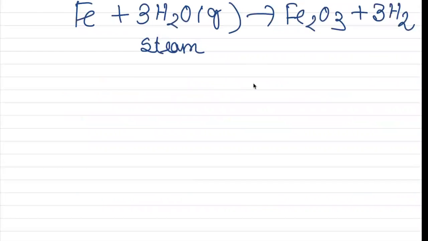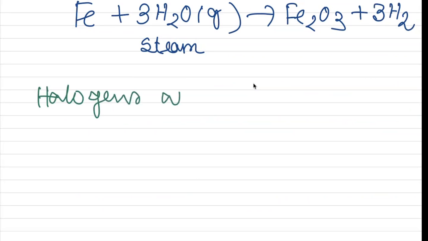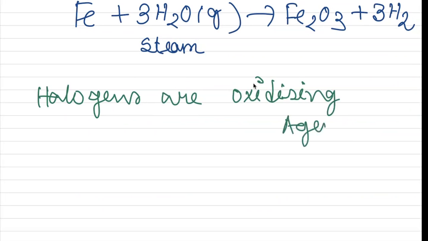And one more important thing we have to learn from here, that is halogens are very high oxidizing agents.